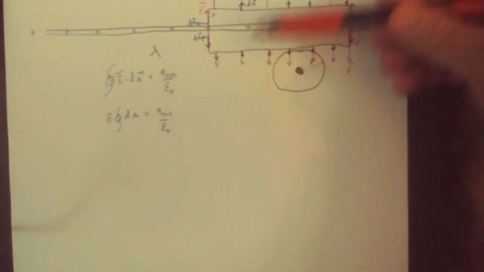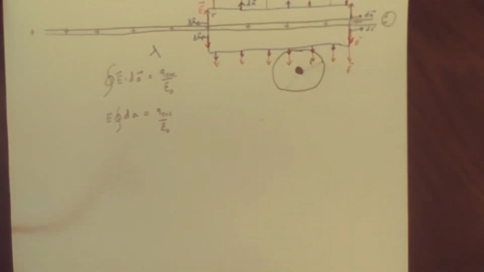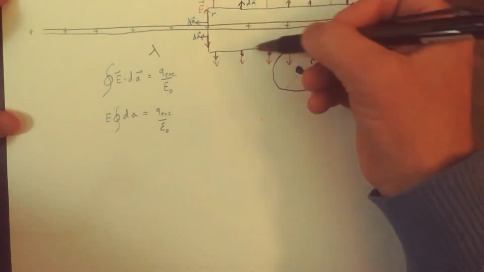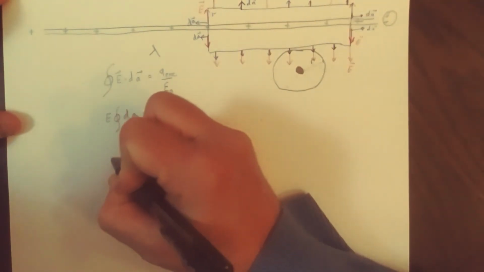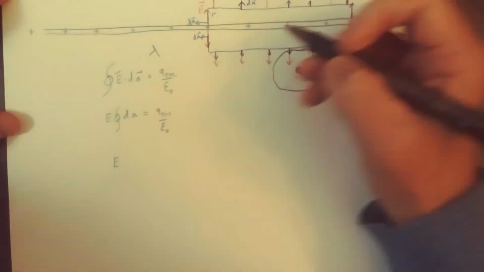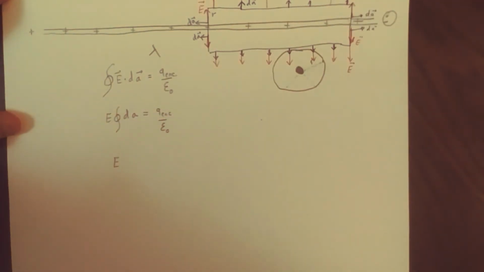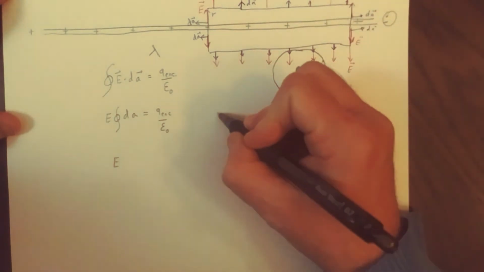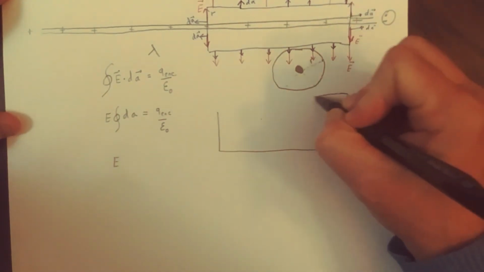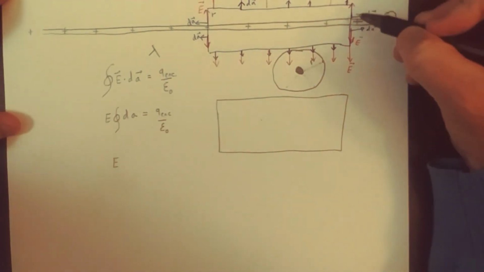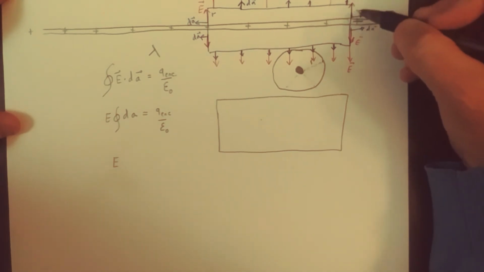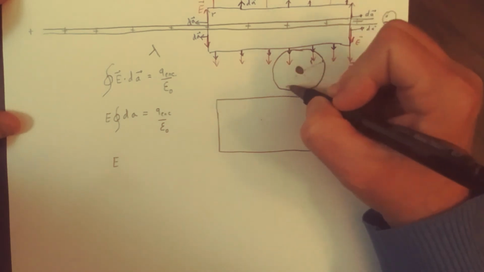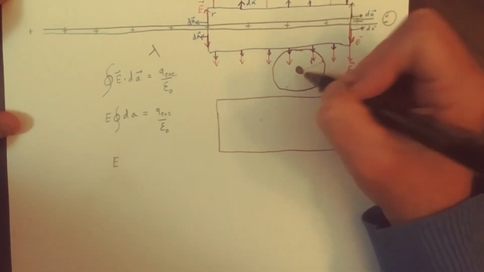So the integral of the electric field over a surface is defined as the electric flux, and we get no electric flux contribution from the sides. So it's only the cylindrical part that gives us some contribution, and so we integrate over the cylindrical part, and we get that the left-hand side looks like E times the area of that cylinder. Well, we can imagine opening up the cylinder, and it's basically a rectangle. It's a rectangle where this side is, if we look at it from this perspective, the circumference, which is 2 pi r.